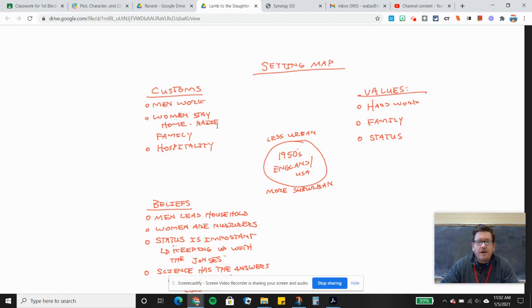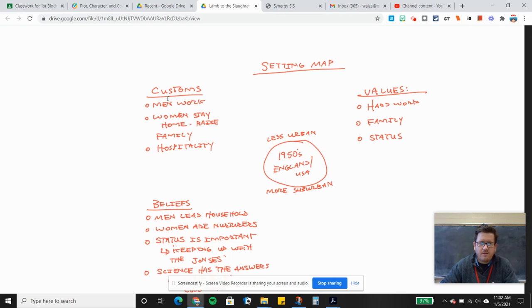All right, now when we talk about setting, first we're talking about time and place, but we also have to talk about the customs, beliefs, and values of the people in that time and place. So for the context of this story, I want to focus mainly on roles in the household and why it was so important for men to work.